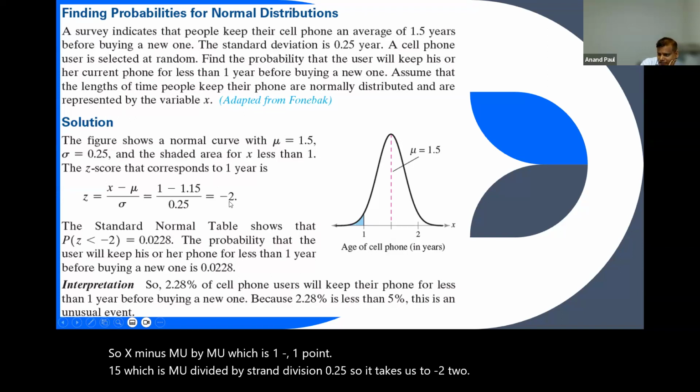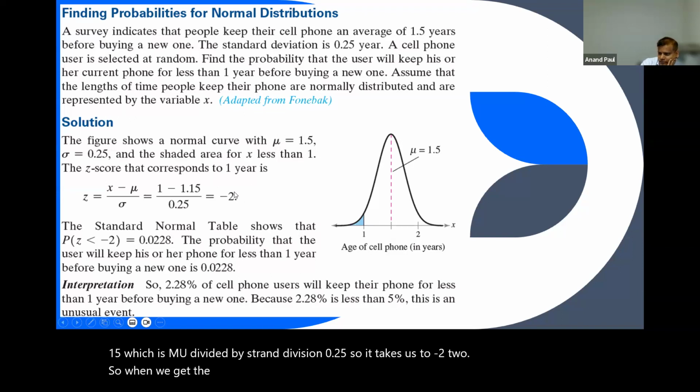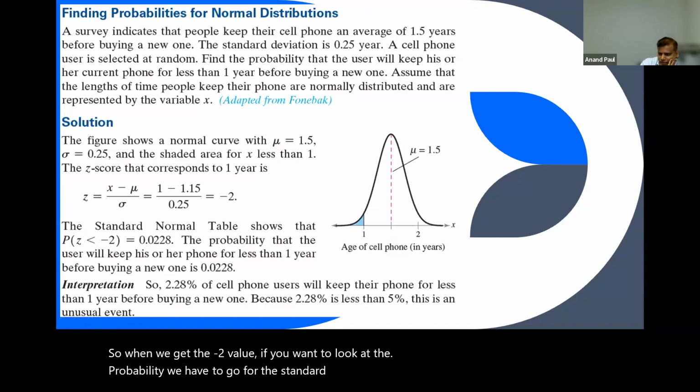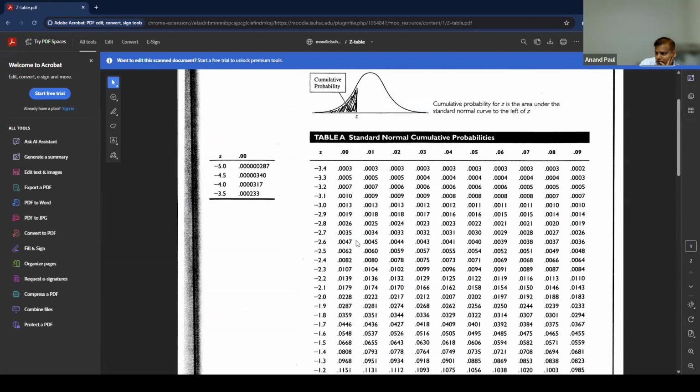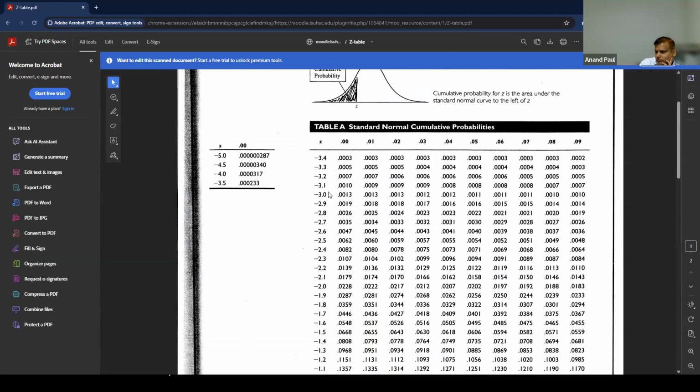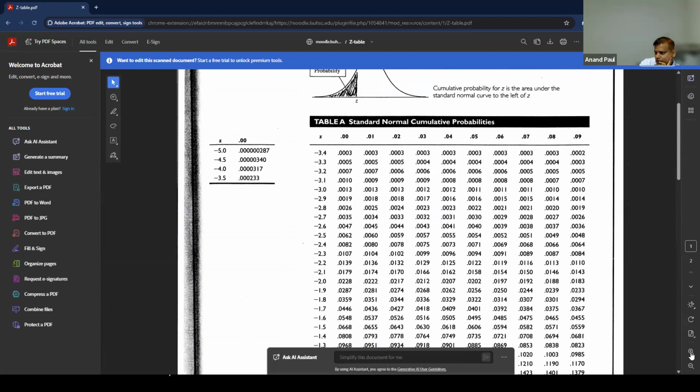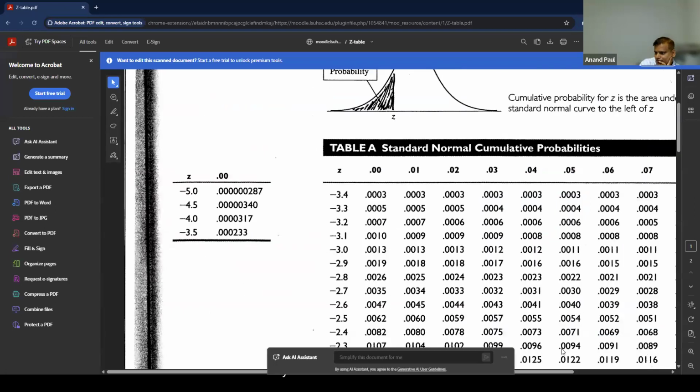When we get the minus 2 value, if you want to look at the probability, we have to go to the standard normal table. Let me show you in a minute. So here it is, the standard normal table. In the standard normal table, you can go for minus 2.